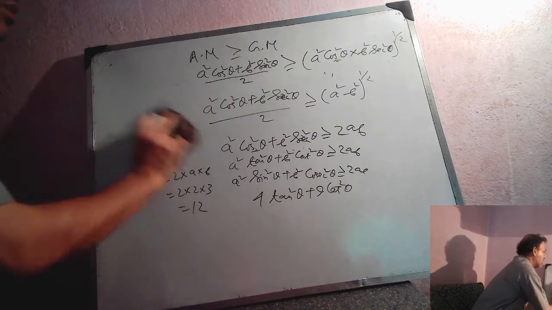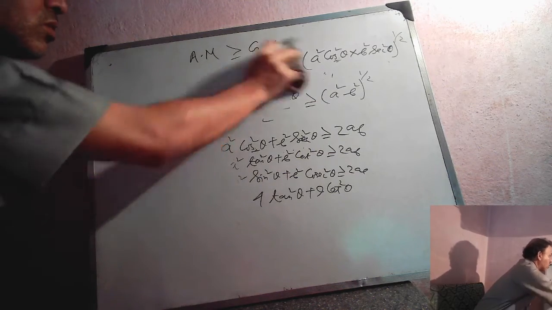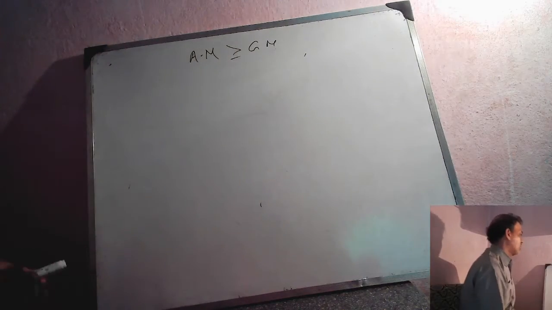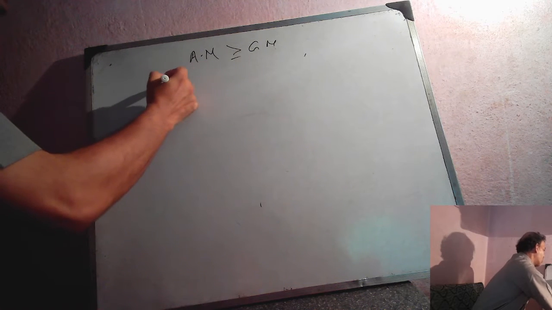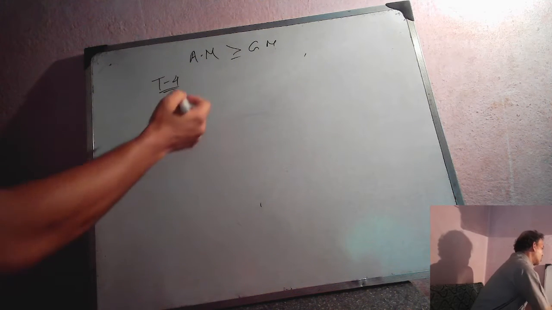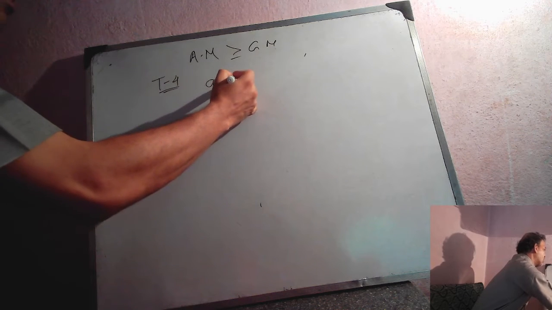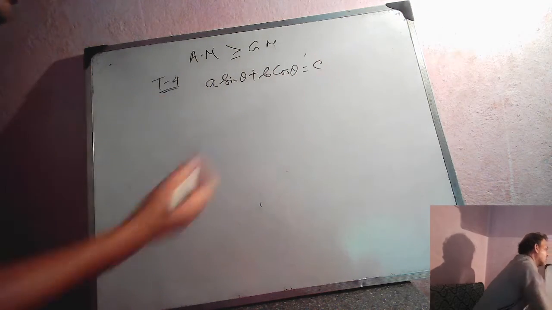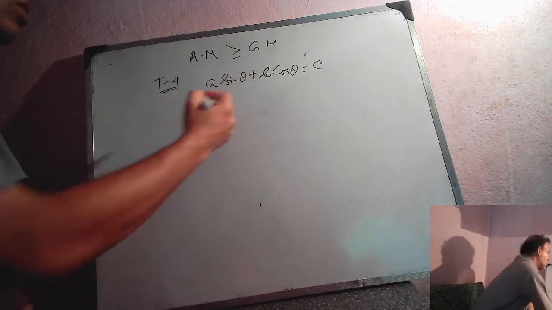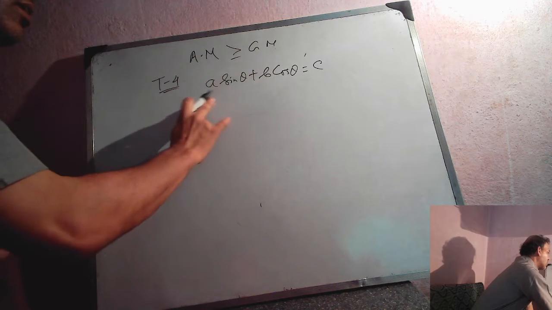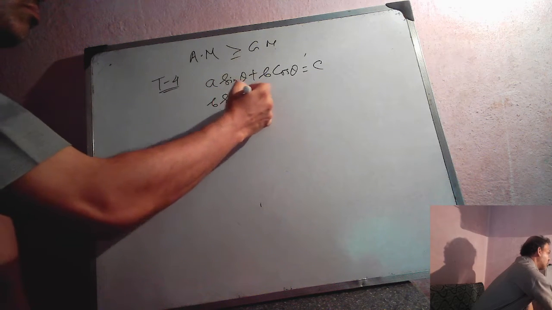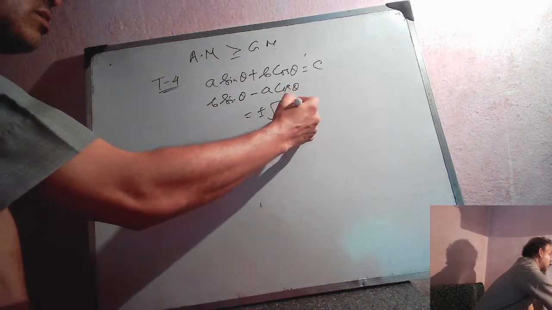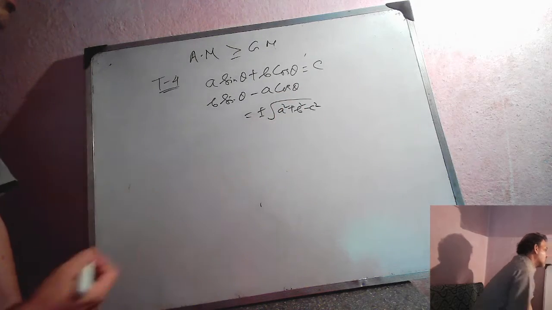Next, trick 4. If a sin theta plus b cos theta equals c, then a cos theta minus b sin theta will be equal to plus or minus root of a square plus b square minus c square.